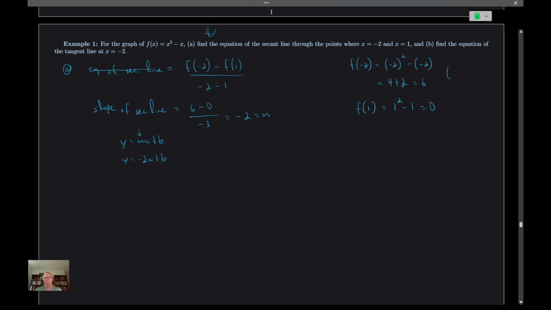We have the ordered pair -2, 6, and the ordered pair 1, 0. Let's just plug in 1, 0 for x and y, since those numbers seem easier. And we're going to get that b equals 2. So our secant line is y equals -2x plus 2.